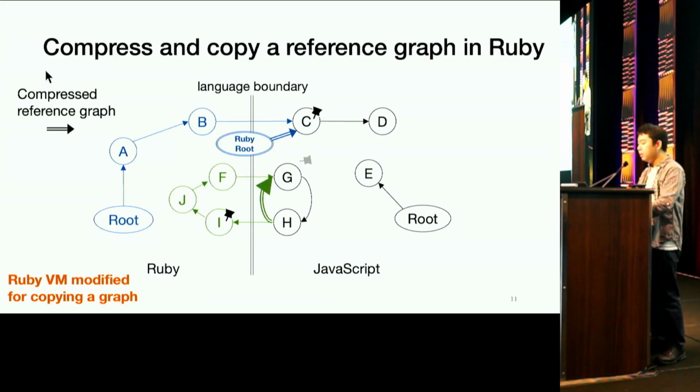First, Refgraph GC compresses an object reference graph in Ruby and copies it into JavaScript. For copying this graph, the Ruby VM must be modified. In this figure, double line arrows are edges in the copied graph.